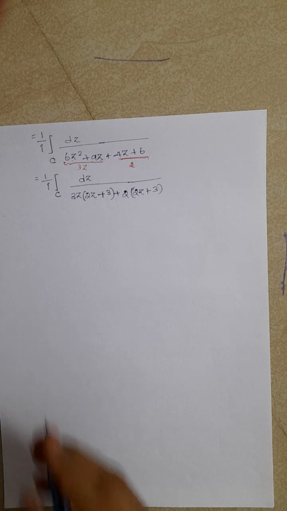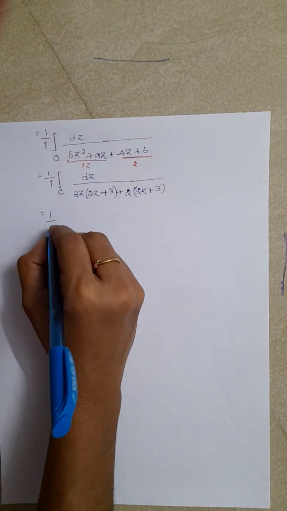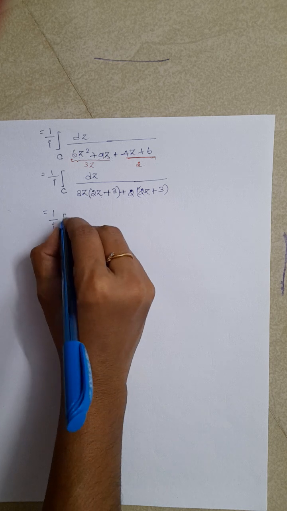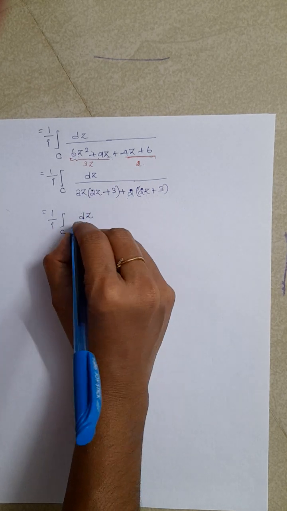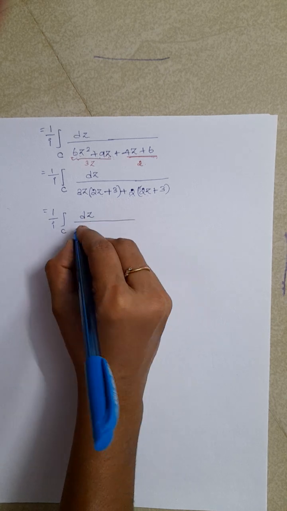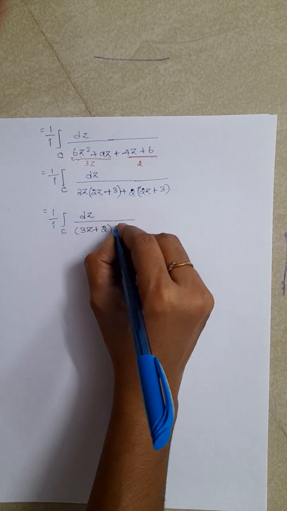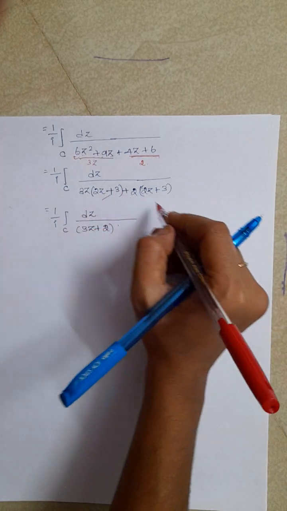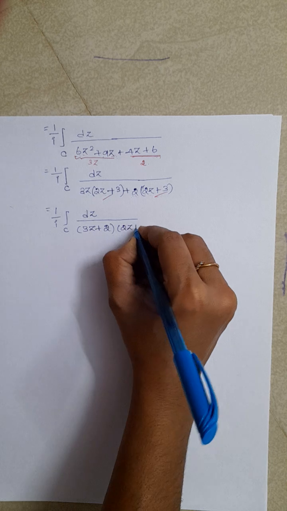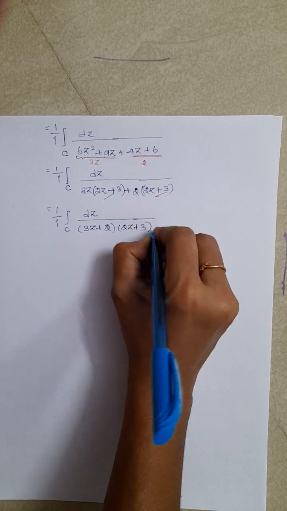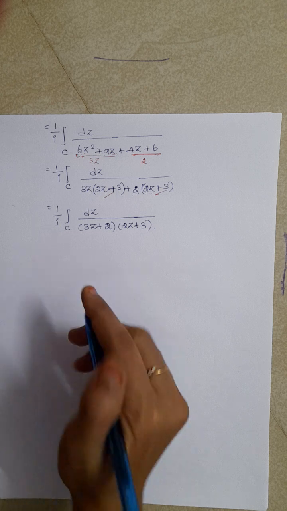So how to write this term? 1 by i, integral over C, dz divided by 3z plus 2, and the next one is 1 times 2z plus 3. Okay, this is the last term.